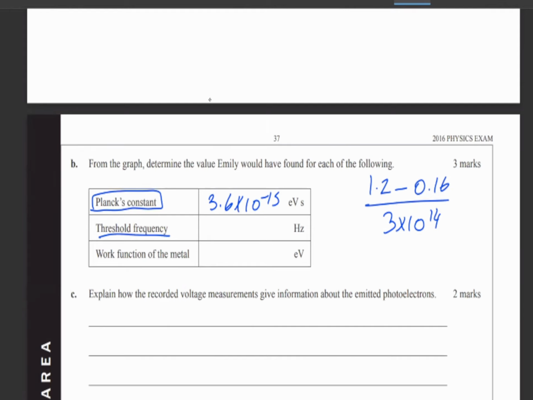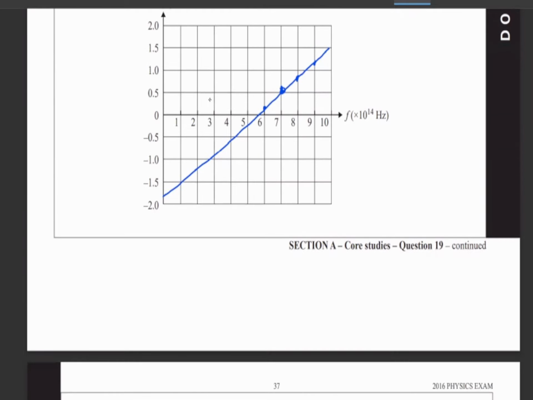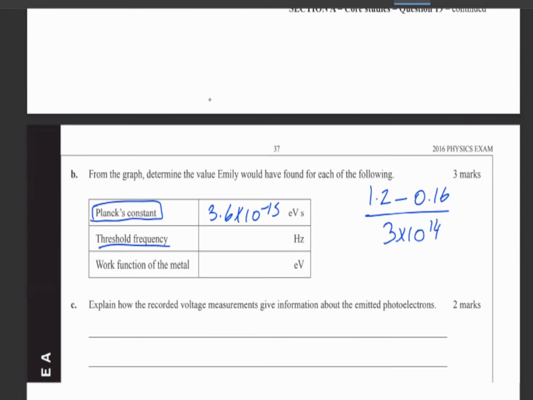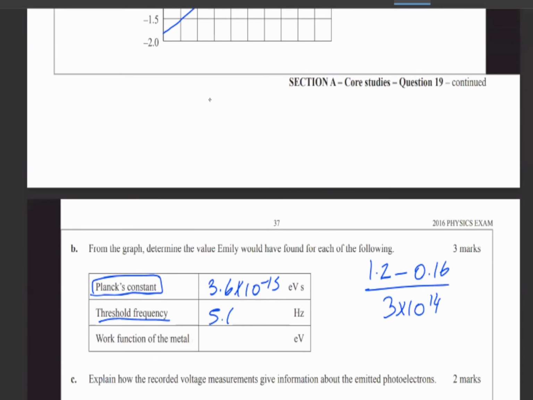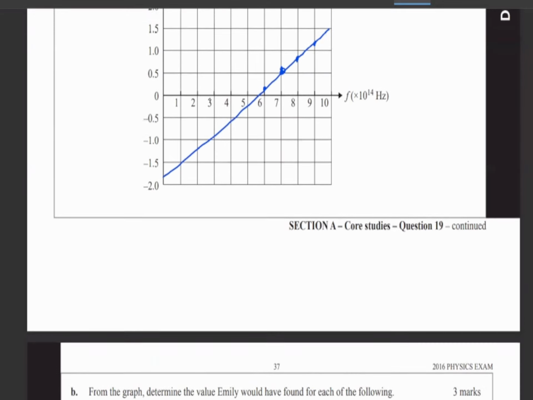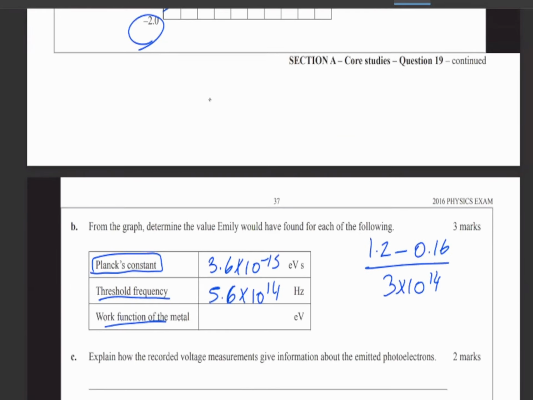And the threshold frequency, you can just look on the graph and approximate it. So it looks around 5.6. And the work function should be around here, but you can times these two, because hf minus this is equal to EK max.